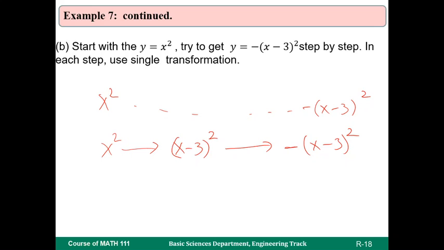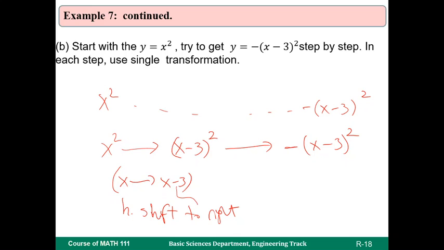So here, as you see, this will be x minus 3. If you don't want to do it by using the function, you can say your x is replaced by x minus 3 for sure. So this becomes a horizontal shift to the right.